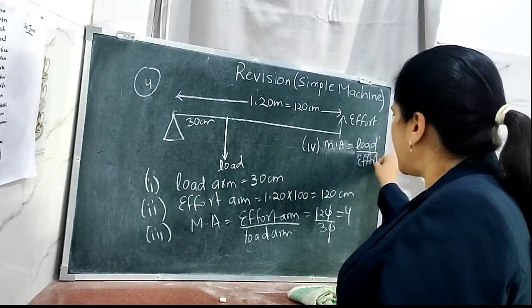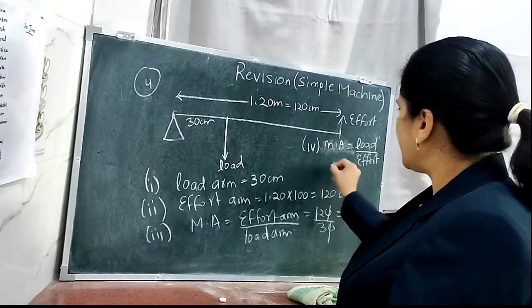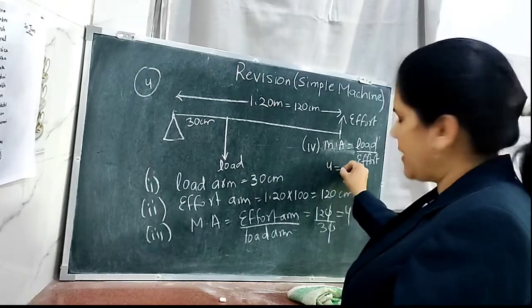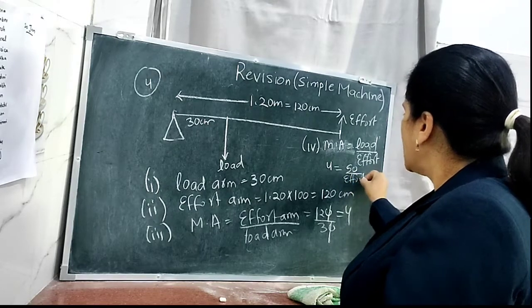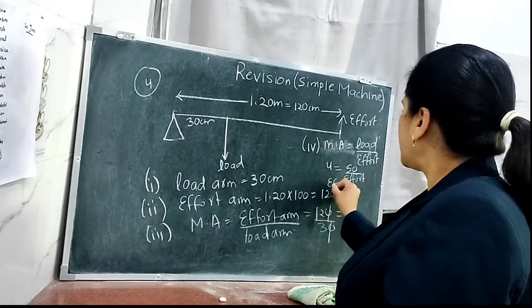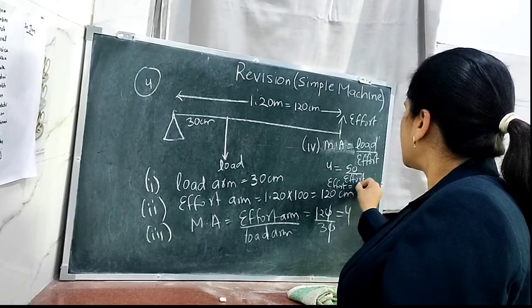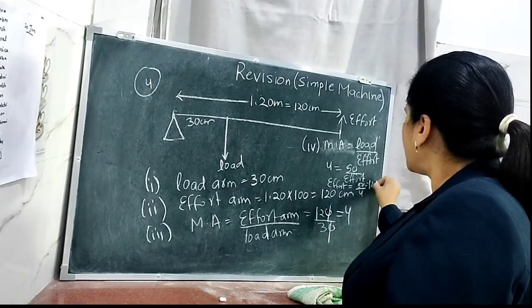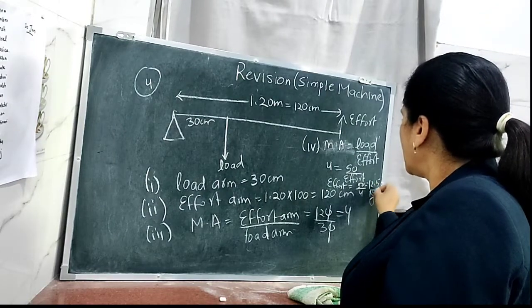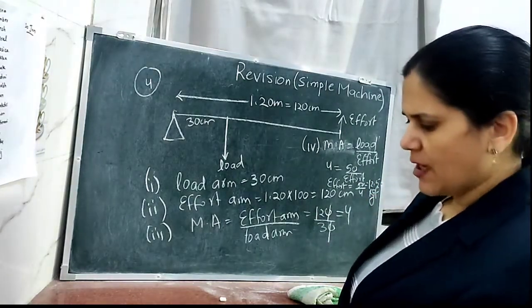This is the formula that we are using. Mechanical advantage, the value is coming equal to 4 and load we know that it is equal to 50 and effort we have to calculate. So what is the effort? Effort is equal to, you can write here 50 upon 4 and 50 upon 4 is 12.5 kgf. This is the value of the effort.